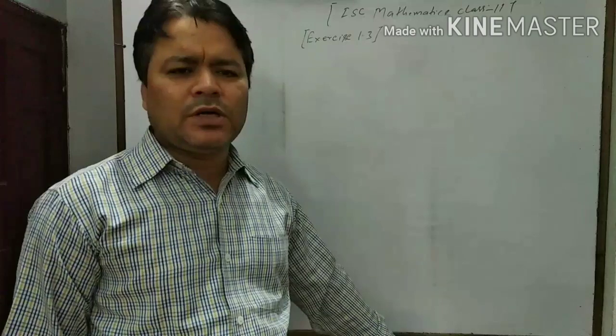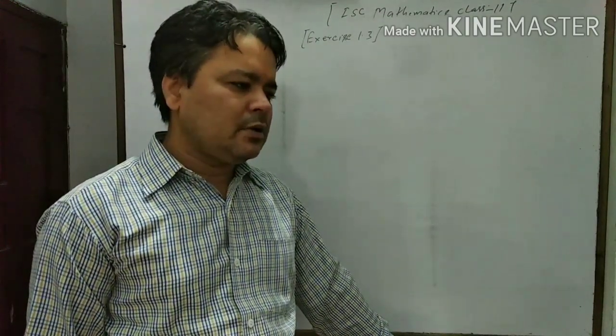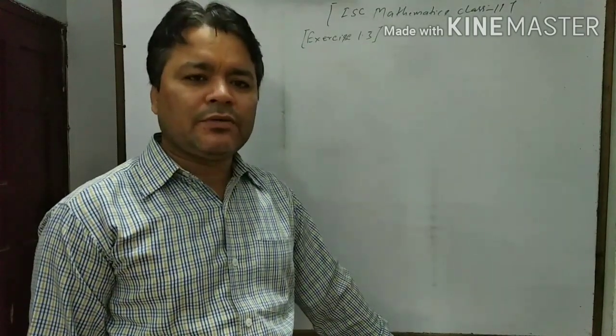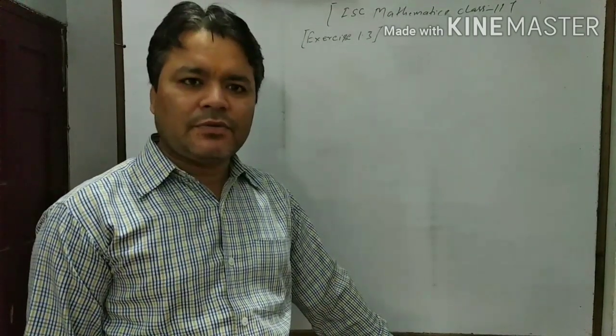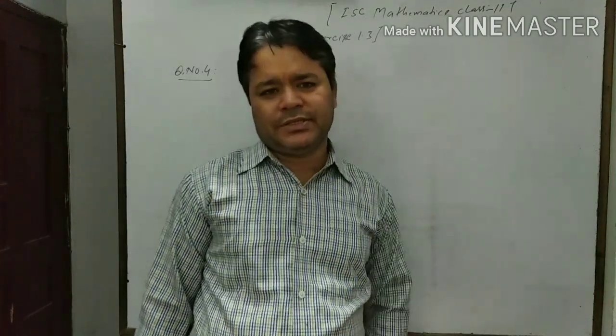In our last video class, we discussed what a Venn diagram is and operations on sets, that is union of a set, intersection of a set, and difference of two sets.